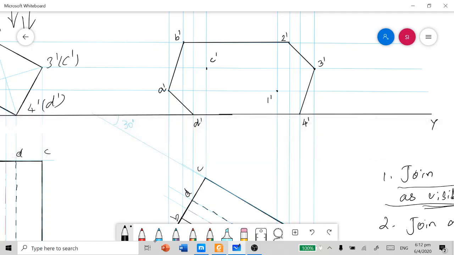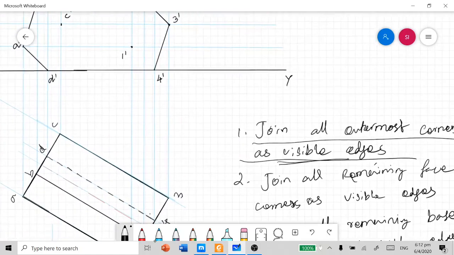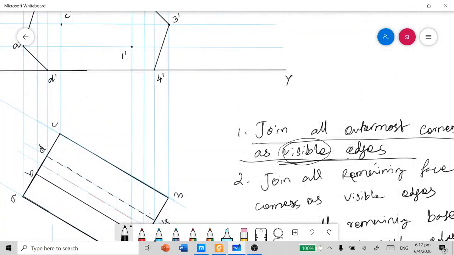So in this way the outermost points are now connected as visible edges.